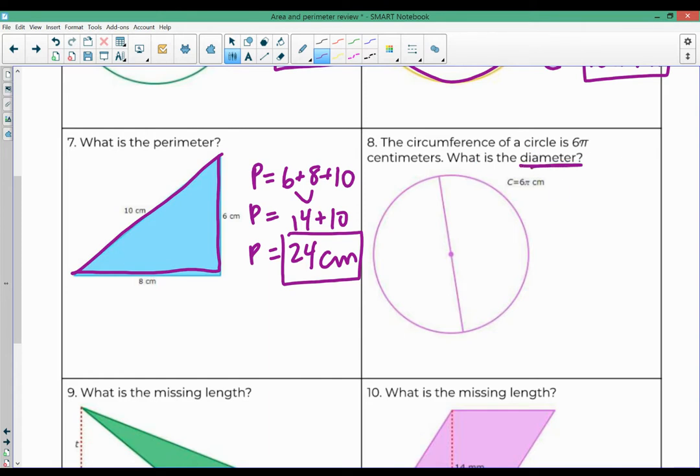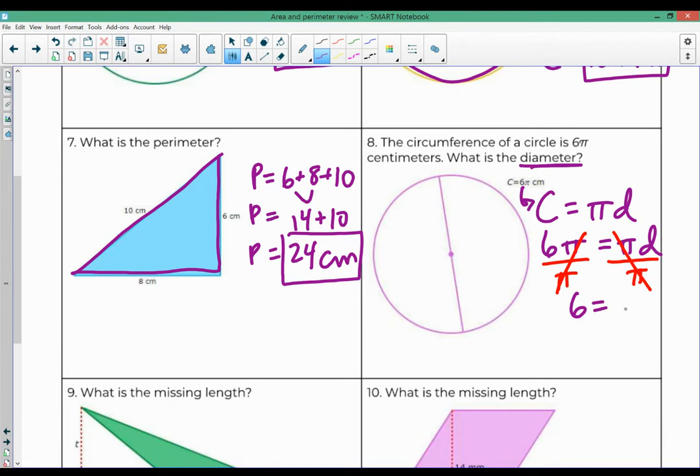So since we're looking for the diameter, the circumference formula we'll use is C equals pi d. Since we already know the circumference, I'll plug that in there. So 6 pi equals pi d. So we need these two sides to match, so we can divide both sides by pi to get rid of them. And that leaves us with 6 equals d. That must mean that the diameter equals 6 centimeters.